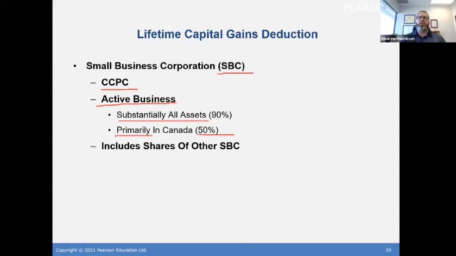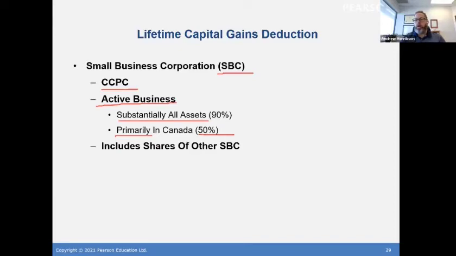In other words, their assets aren't a bunch of rental properties, say, as an example. If, just to throw out a number, 33% of their assets were in real estate holdings being used for rental, unassociated with this business altogether, then they wouldn't qualify for this deduction.